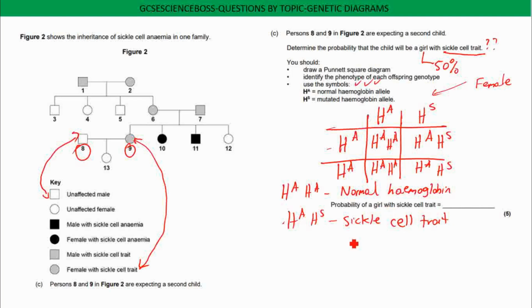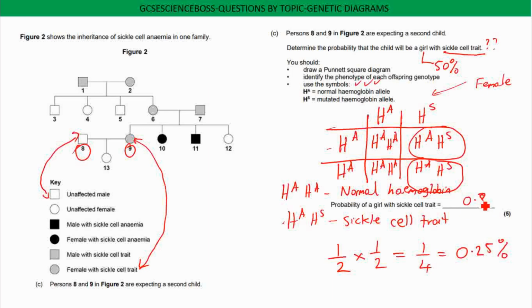So that's 50%, a half, with the trait. That's 2 out of 4. So it's a half times a half, which is a quarter, which is equal to 0.25.